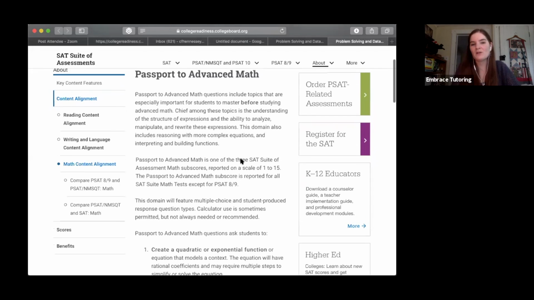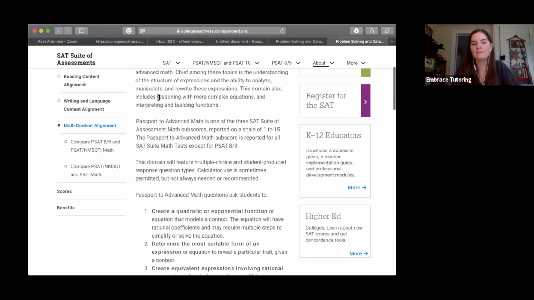This domain also looks at, so this is another domain score. It's one of the 3 SAT Suite assessment math subscores, just like the Heart of Algebra subscore and the data one that we just went over, again being reported on a scale of 1 to 15.